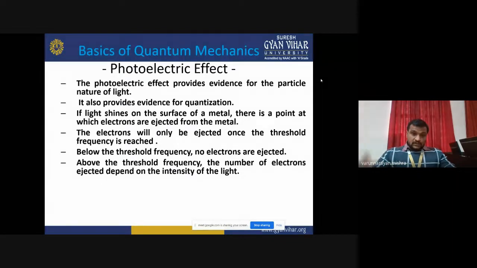So this photoelectric effect is very important to understand how different frequencies or wavelengths are responsible for the ejection of different electrons from the metal or any object.